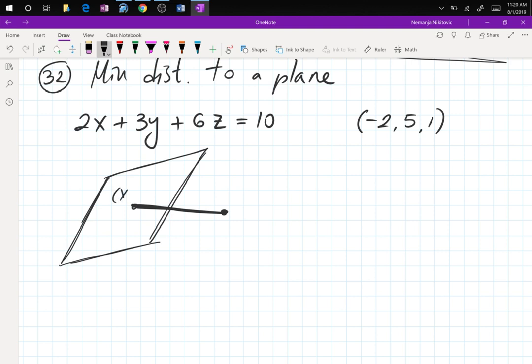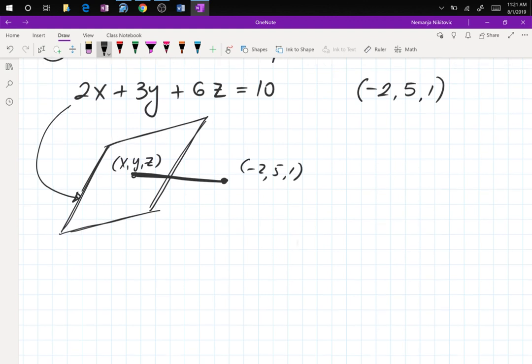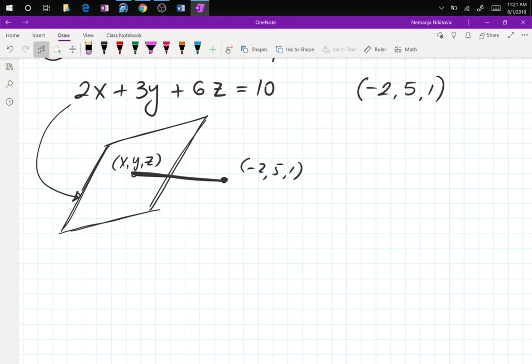This is the unknown xyz which lives on the plane, this is the known negative 2, 5, 1, and this is the plane which is 2x plus 3y plus 6z equals 10. And we should immediately start dreading this because we see there's no symmetry, right? But such is life. And we want to find the minimum, right?